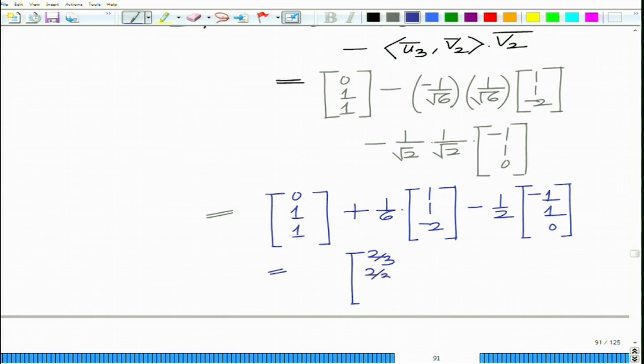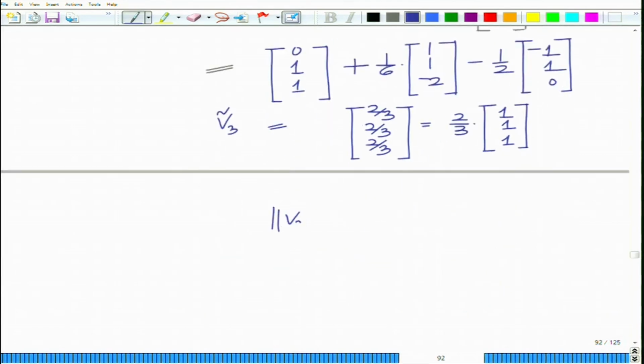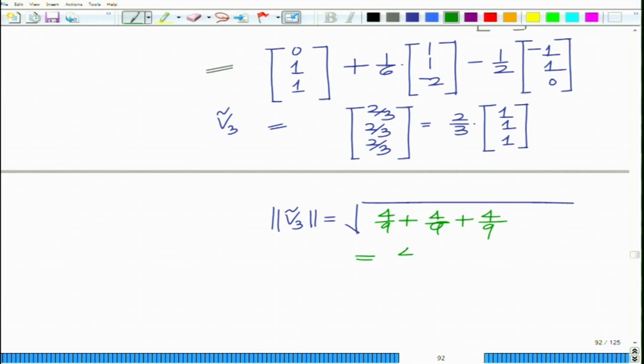You can also check the second entry will also be 2 by 3 and the third entry will also be 2 by 3. So, that is 2 by 3 into (1, 1, 1), and this is basically your V3 tilde. And the norm of V3 tilde you can also compute very easily, that is the square root of 4 by 9 plus 4 by 9 plus 4 by 9, that will be 2 by 3 square root of 3.